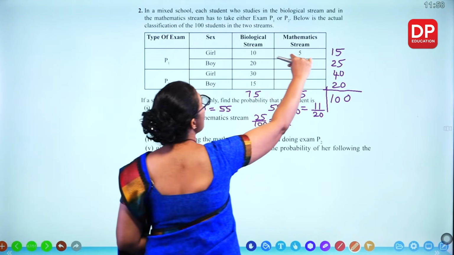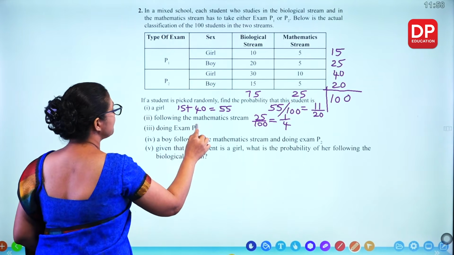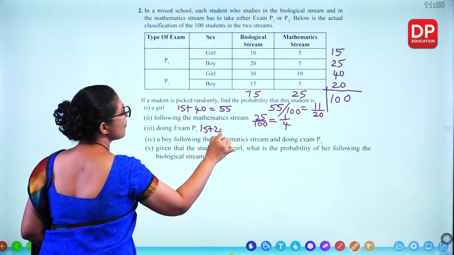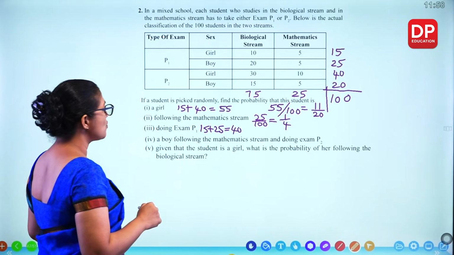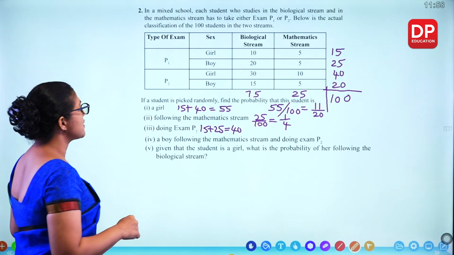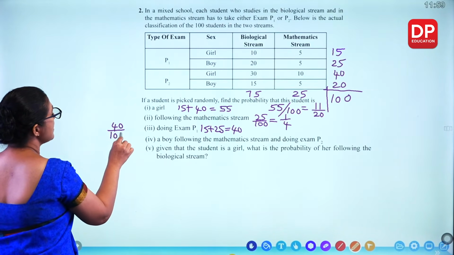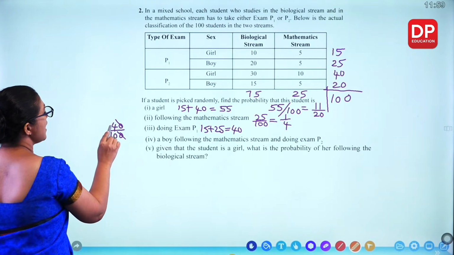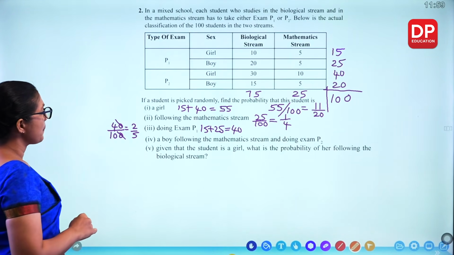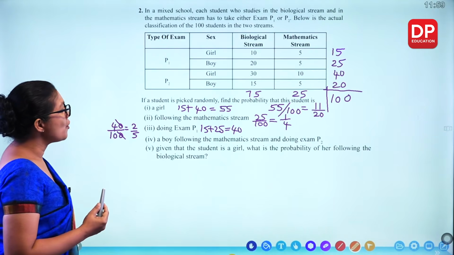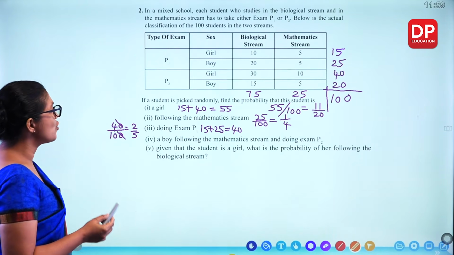Doing exam P1. P1 means altogether these two, 15 plus 25, 40. So 40 students out of 100. So what's the probability? 40 divided by 100, and you can simplify further. You get 2/5. Fourth part, a boy following the mathematics stream and doing exam P2.